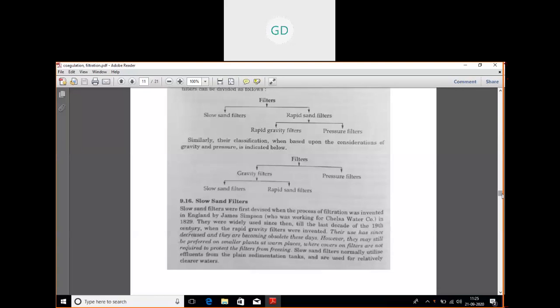The reason is that although slow sand filters give you purer water than rapid gravity filters, there are some drawbacks.